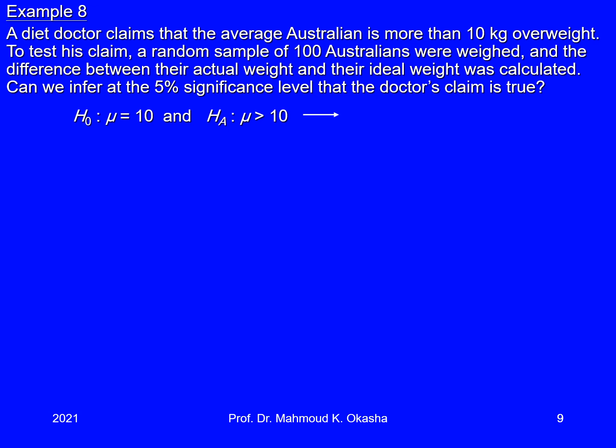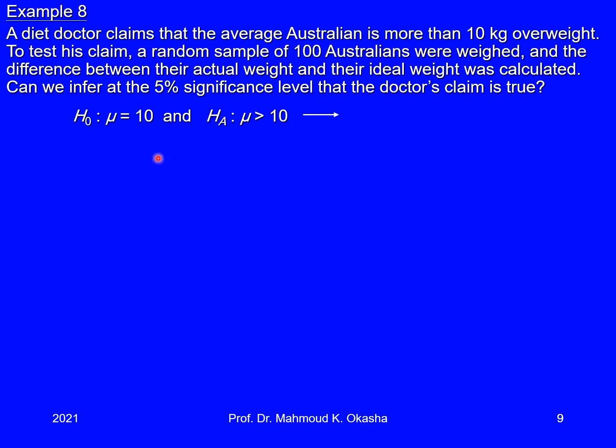The doctor claims Australians are more than 10 kilograms overweight. So is mu equal to 10 or greater than 10? That's the difference between the actual weight and their ideal weight. The first step in this procedure is to decide the null and alternative hypotheses.